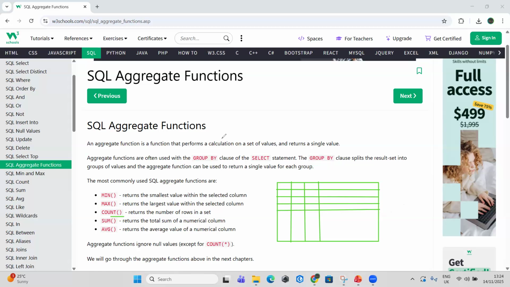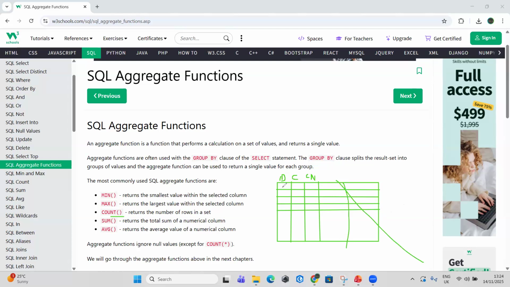Maybe here I have ID, here I have country, and here I have customer name. Ignore this last one.